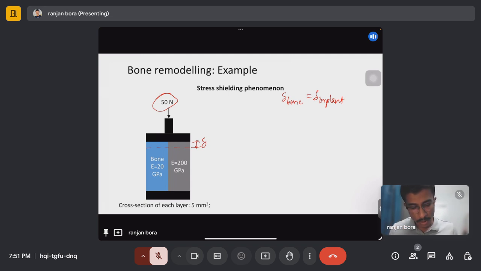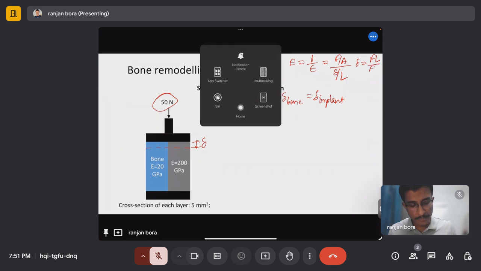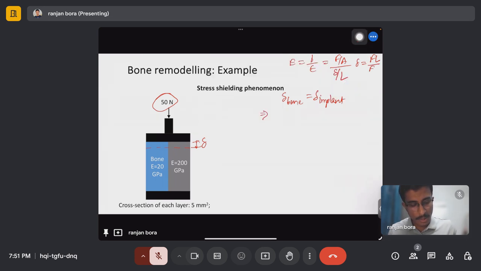And from Hooke's law, we know what delta is. From Hooke's law, we have Young's modulus equal to stress by strain. Stress is F by A, strain is delta by L. So delta becomes FL by EA. So delta bone, representing bone as B, will be FBL by EBA.